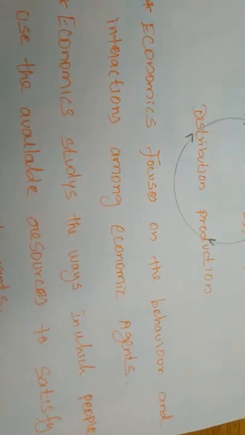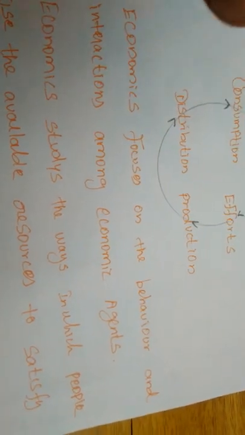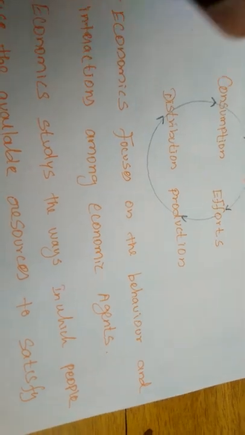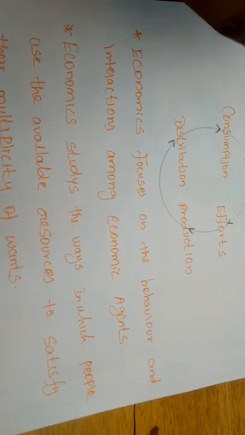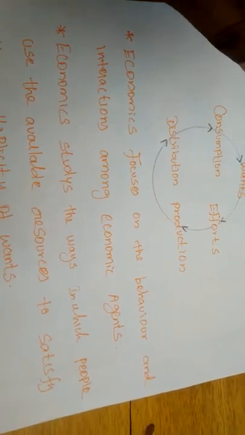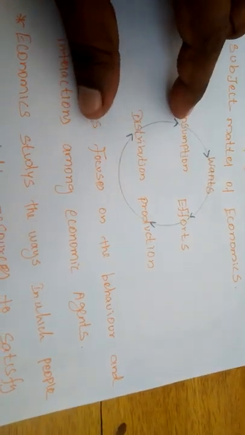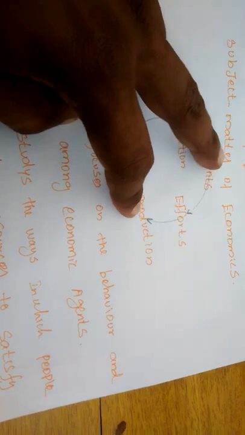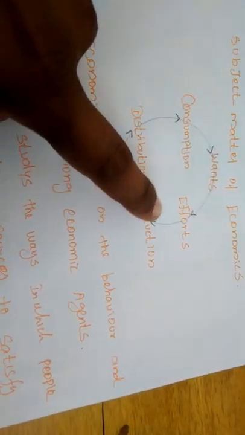And not only that, it deals with activities such as the consumption and production of goods and services and the distribution of income among the factors of production. The consumption is made by the consumer, the production is done by the producers. On the basis of the wants only, the producers will produce enough commodity, and for whom?